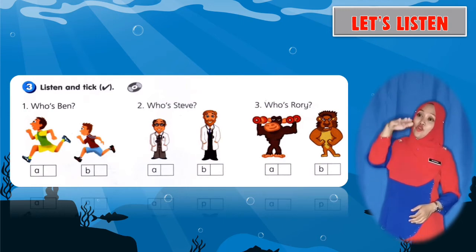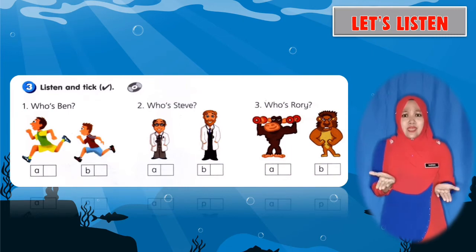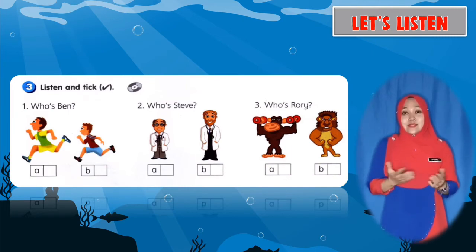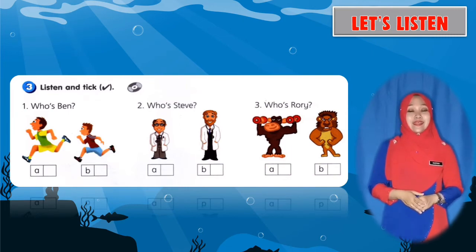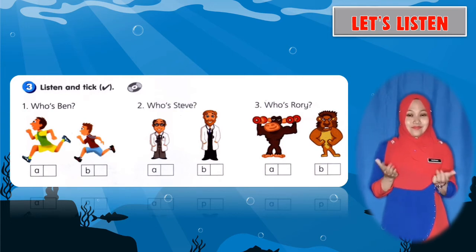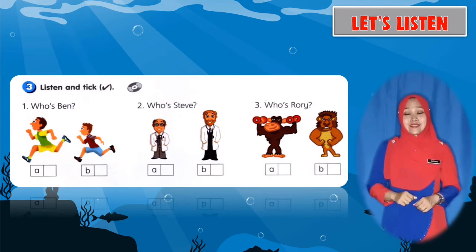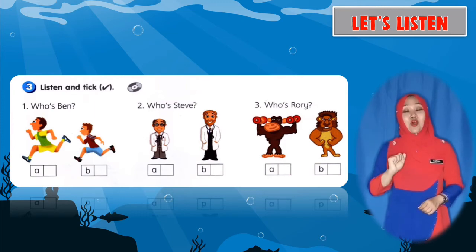Ben is taller than Jack. Who's Ben? So, which one is the correct answer? Picture A or picture B? The answer is picture A. So you have to tick in the box next to A.